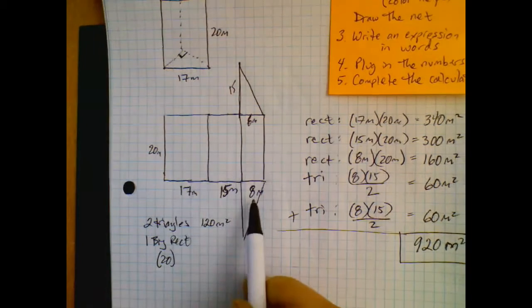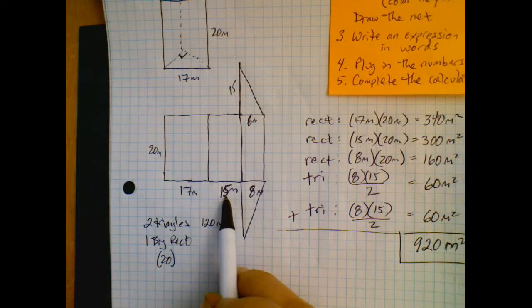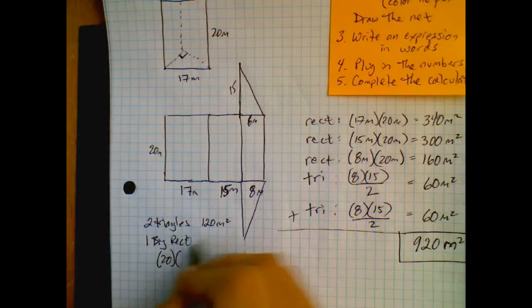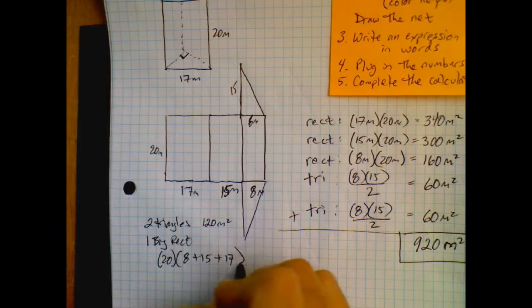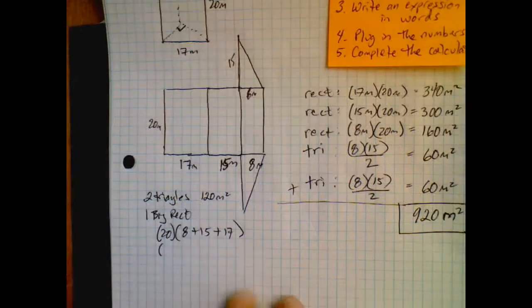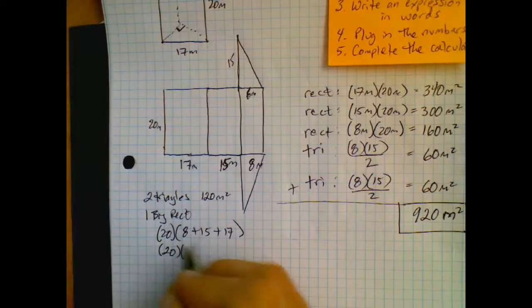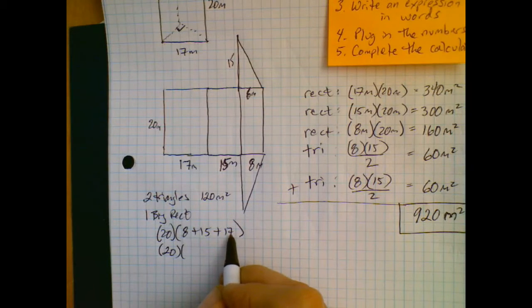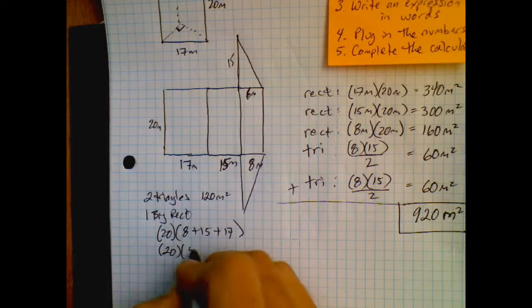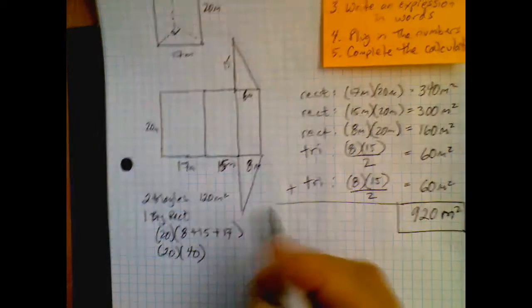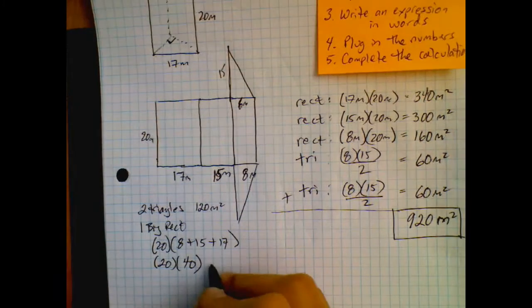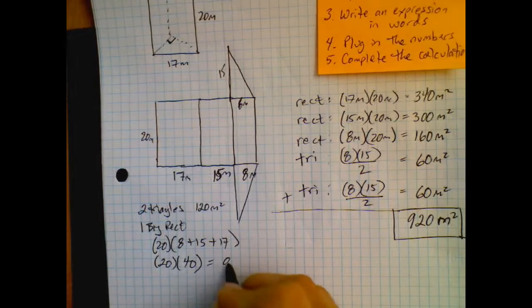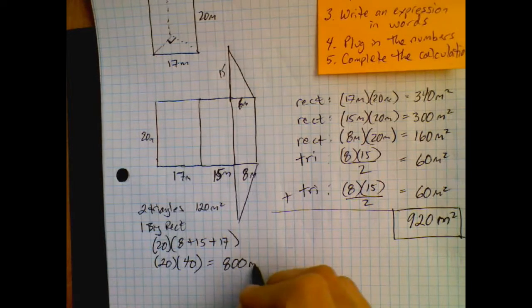Well, it would be 20 times these three sides added together. So we have 8 plus 15 is 23. Matter of fact, tell you what, let's write them out. 8 plus 15 plus 17. So now to simplify this, we have 20 is the same. 8 plus 17 is 25, plus 15 is 40. So the big rectangle is good for 800 meters squared.